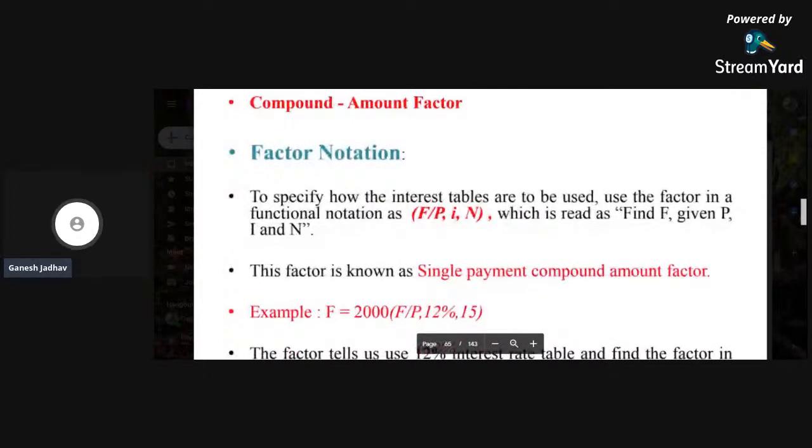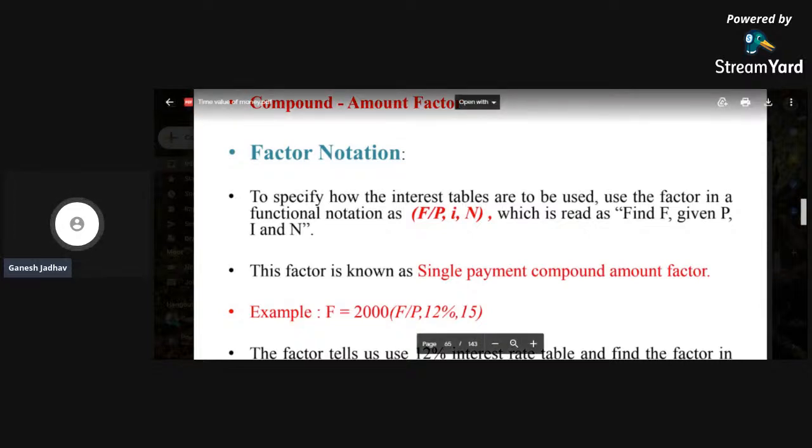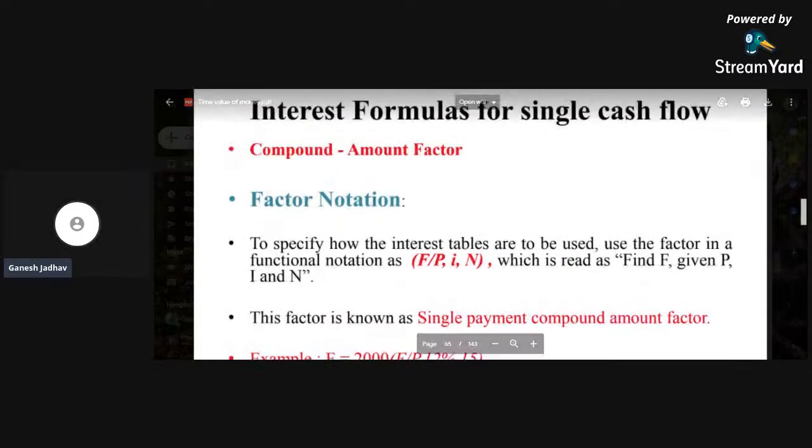Another one is the factor notation. To specify how the interest tables are to be used, the factor is written in functional notation. So this is the future amount, then the primary amount, then the i, and then the n.